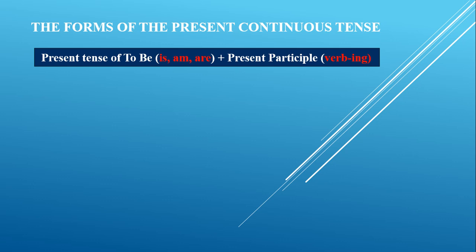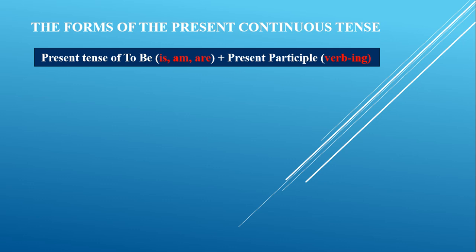Right, and on the right hand side, we have the present participle, which is made up of the base form of the verb plus ing, or some people might say bare infinitive plus ing. In case you are not familiar with them, I will be doing another video regarding this.